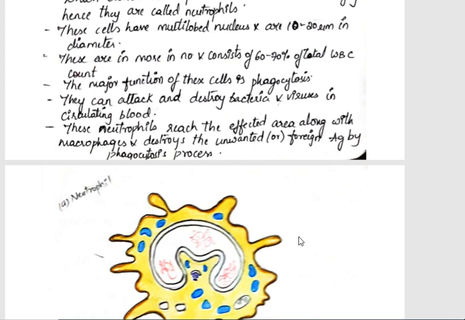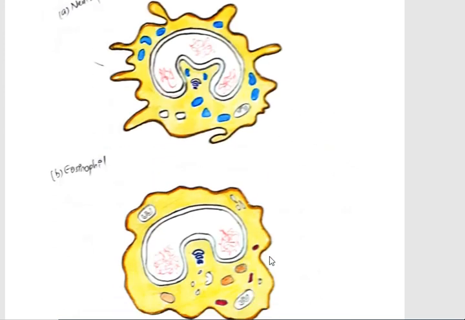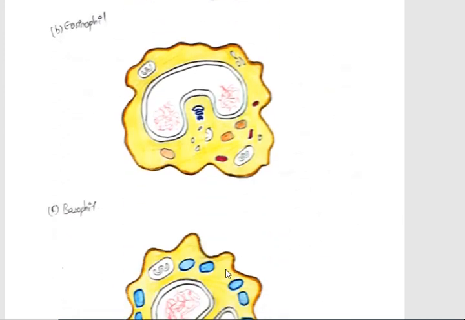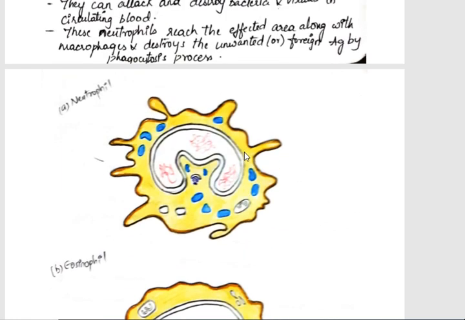And one more important point is that neutrophils are more in number when compared to the eosinophils and basophils. For example, in the total WBC count, neutrophils are 60 to 70%, whereas eosinophils and basophils are only 2.5% and 2%. But neutrophils are 60 to 70% of total WBC count.